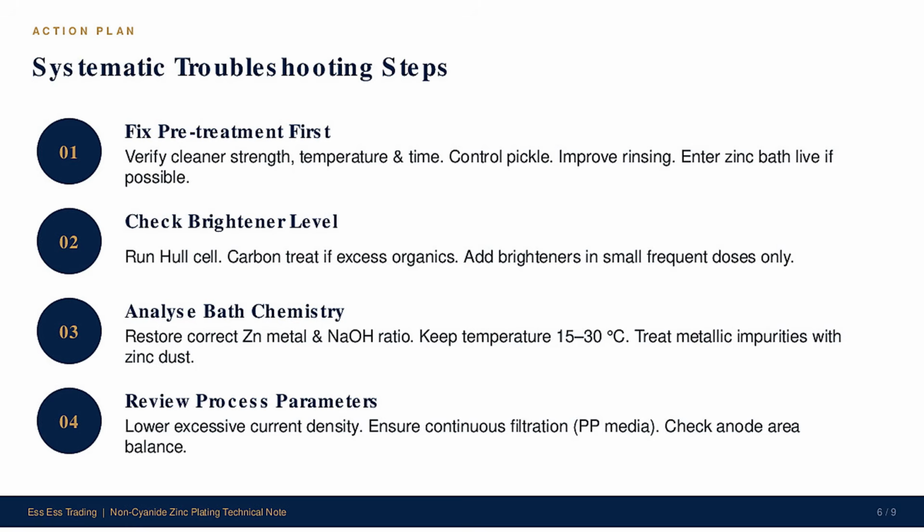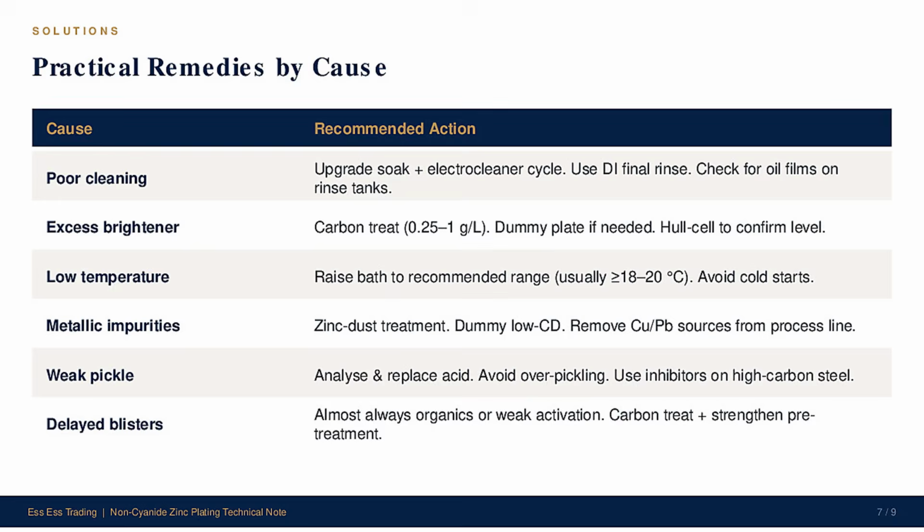Then, analyze bath chemistry to restore the correct zinc and sodium hydroxide ratios, maintain temperature between 15 and 30 degrees Celsius, and treat metallic impurities with zinc dust. Finally, review process parameters, reduce excessive current density, ensure continuous filtration with polypropylene media, and check anode area balance to maintain uniform plating.